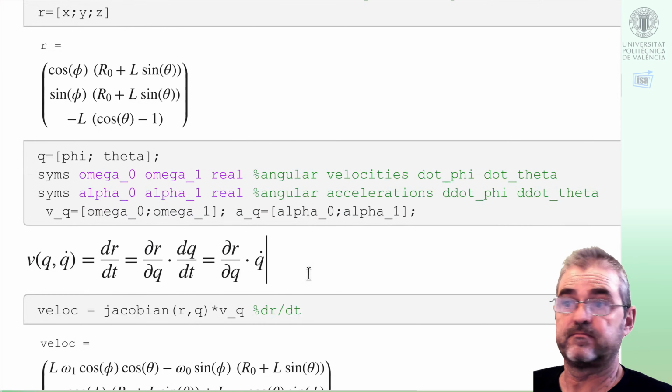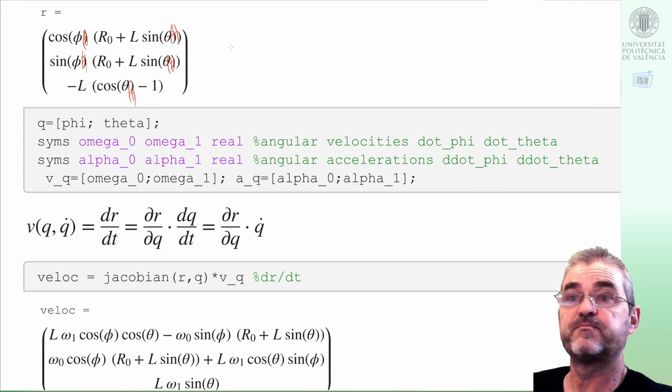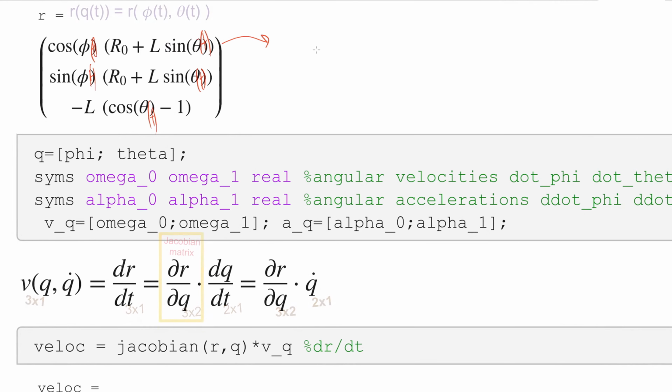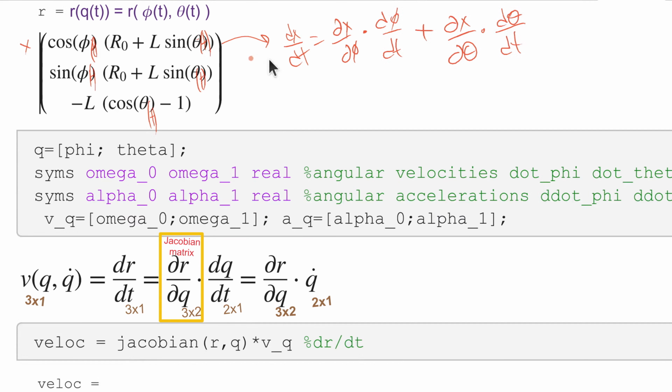Then, as angles are themselves functions of time, in order to obtain, let's say, the speed in the x direction, I will need to take partial derivatives of this and then multiply by the time derivative of the angle, and do this thing 3 times.